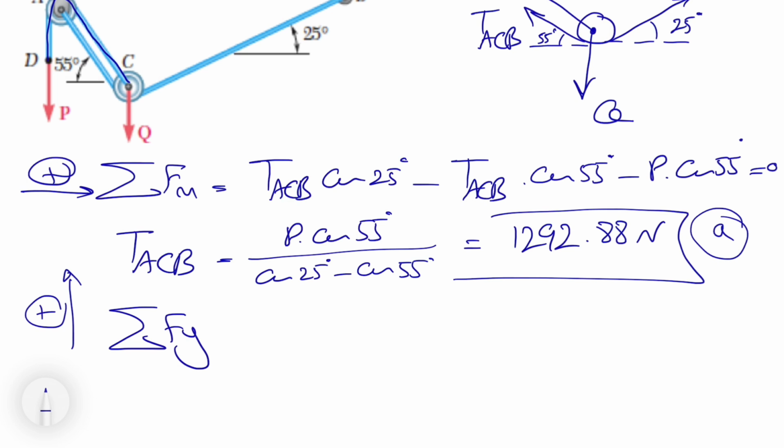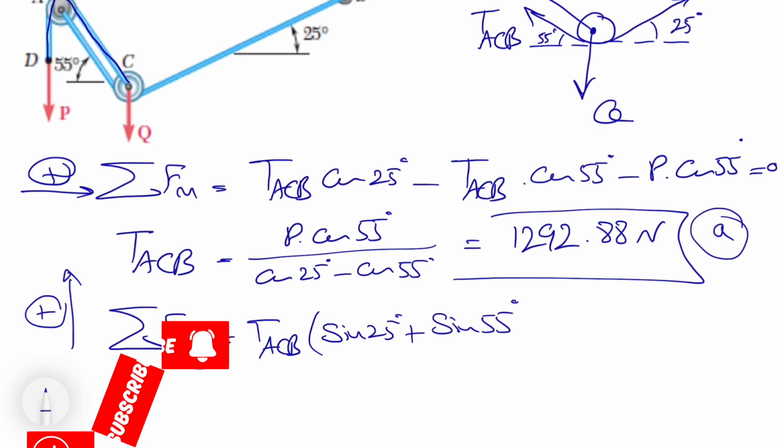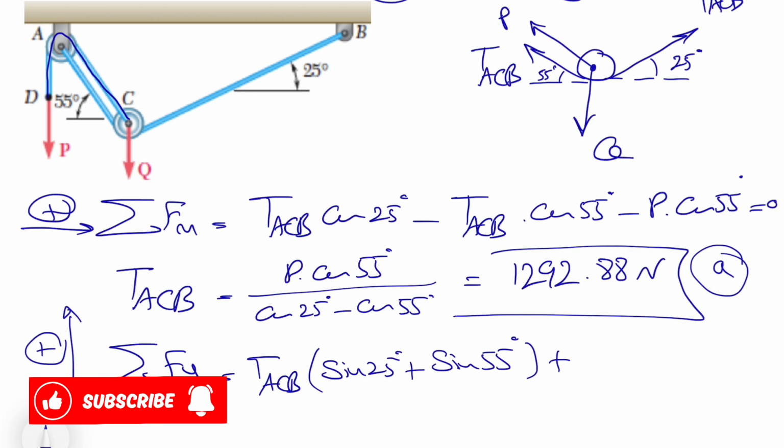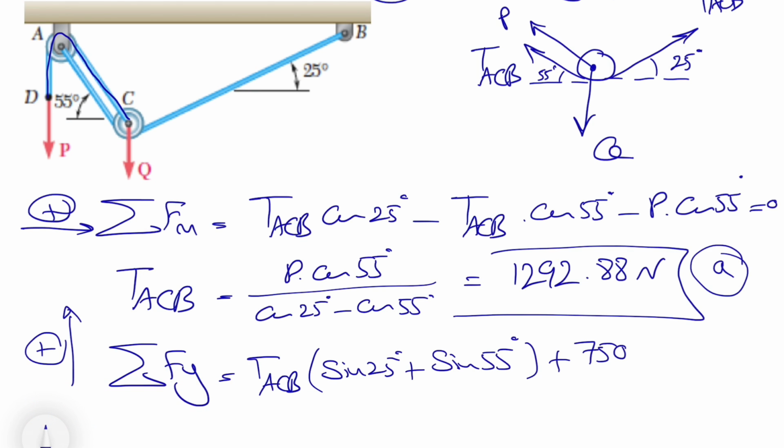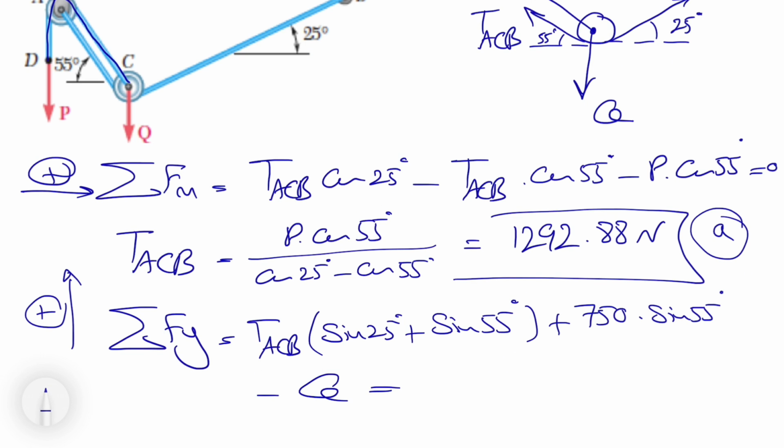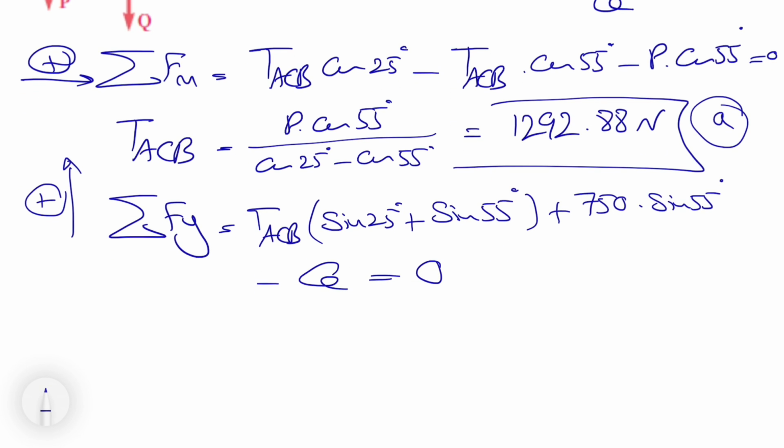In part B, we need to find the magnitude of force Q, the load Q. We haven't used our sum of Fy yet, and from it we can find the other unknown. This time we'll have T_ACB, and if we factor it, we have sine of 25 degrees plus sine of 55 degrees, and also we have P, which is 750, times sine of 55 degrees, and the last force is Q, equals 0.